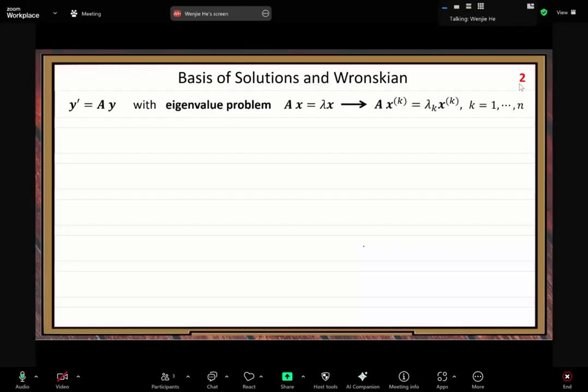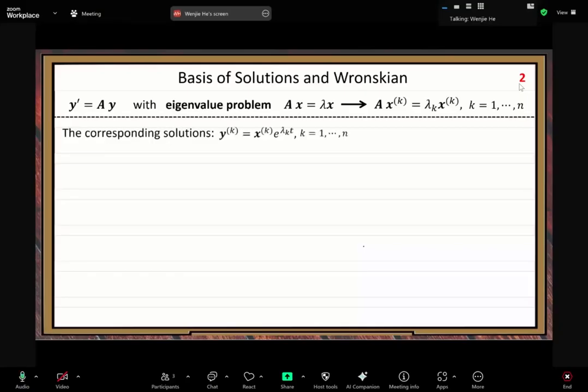Now we are ready to write the n solutions in the basis, because we need to find n linearly independent solutions, and we use these n solutions as a basis for all the other solutions. So the form is like this. For each eigenvalue you can find a corresponding eigenvector.